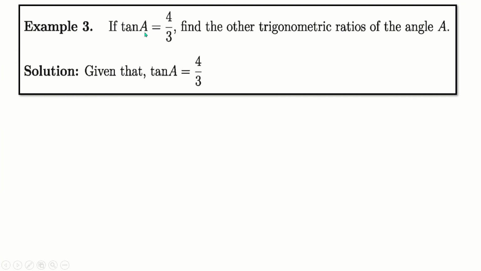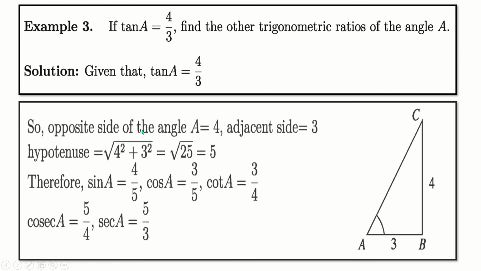Here given tan A equals 4 divided by 3, but tan A is equal to what? Tan is equal to opposite side by adjacent side. That means here the opposite side is 4, and the adjacent side is 3. Find the other trigonometric ratios of the angle A. Follow the solution.